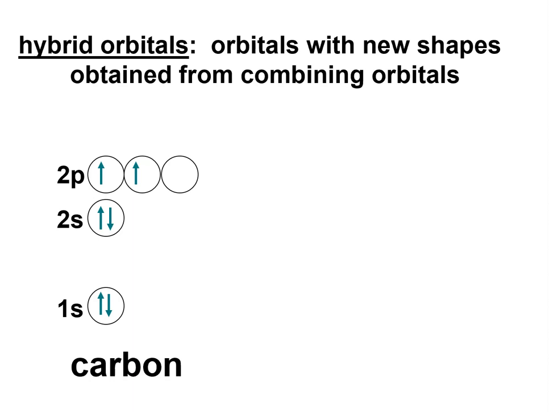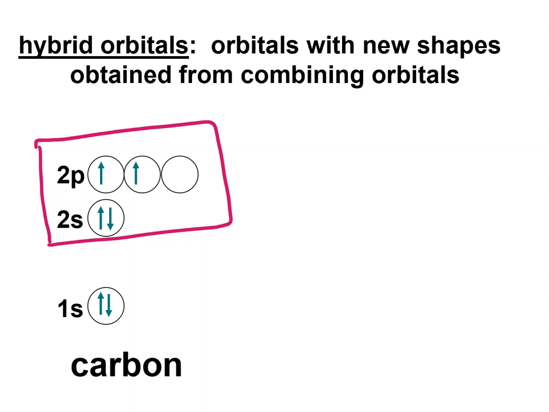So anyway, let's look at carbon. These are all of carbon's electrons, but these up here in the second energy level are its valence electrons. What we're going to do, and this is done mathematically, is pretend like we're taking these orbitals that it has and recombining them into a hybrid.